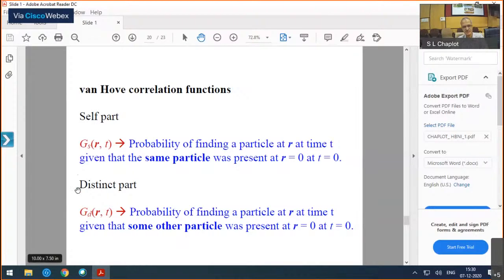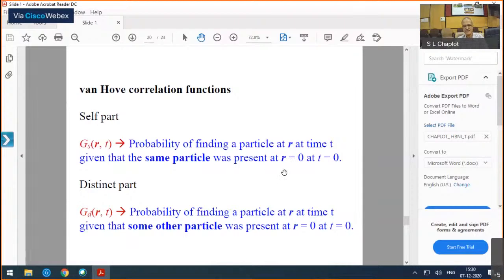So one can think of two types of position-time correlation function. One is the self part, that is the probability of finding a particle at a vector distance r at time t, given that the same particle was present at r equal to 0 and t equal to 0.